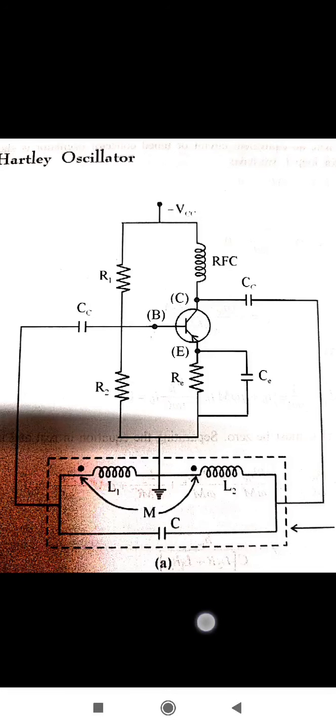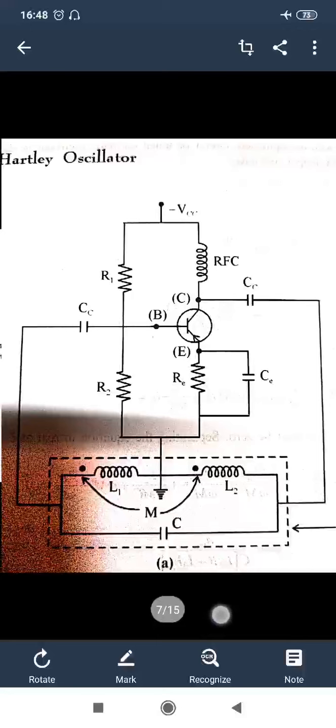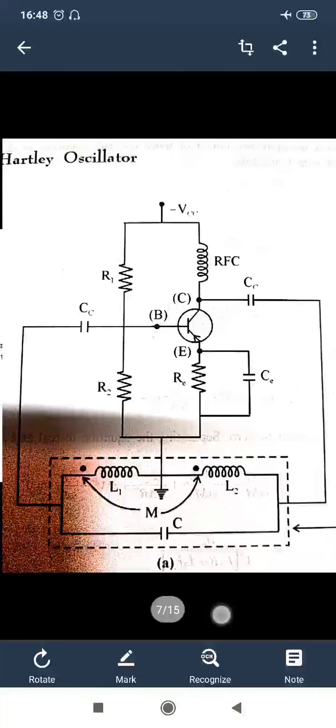So in the working condition, when we provide the voltage from the VCC supply, the capacitor is charged towards VCC, and via L1 and L2 the capacitor discharges.